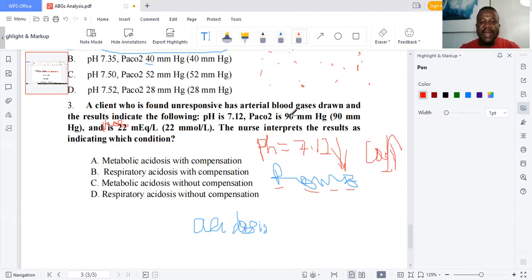Carbon dioxide is 90, very high. So this is a respiratory acidosis condition. This formula holds, respiratory opposite. So we come here and we say, no, not this.